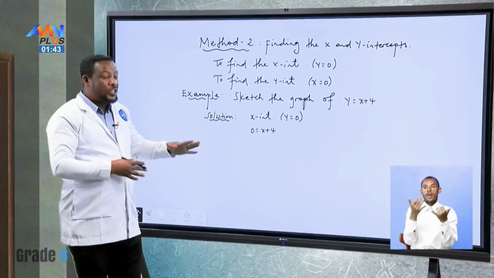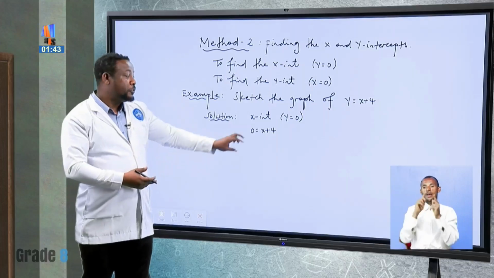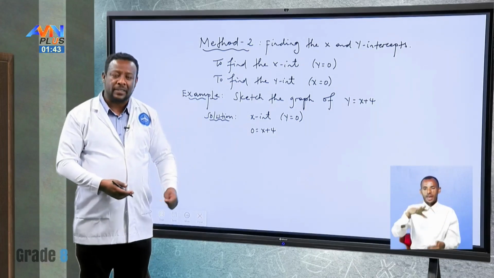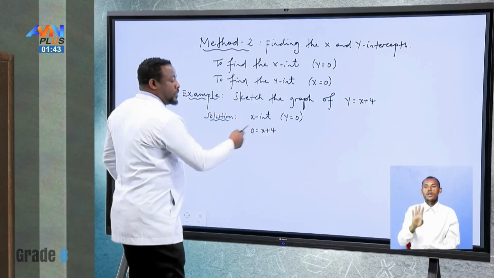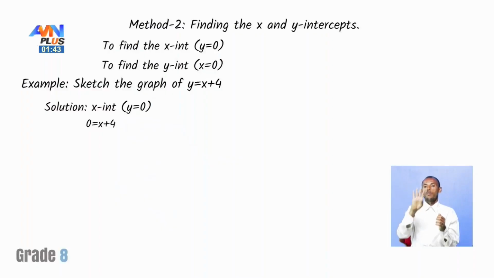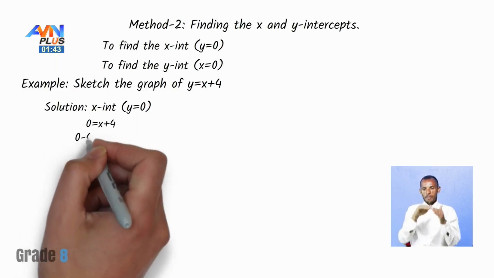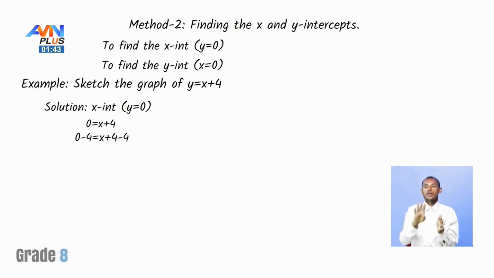Now, using the knowledge that you have from grade 7, you can easily obtain the value of x. 0 equals x plus 4, and subtract 4 from both sides, then this becomes x plus 4 minus 4. So this is 0.